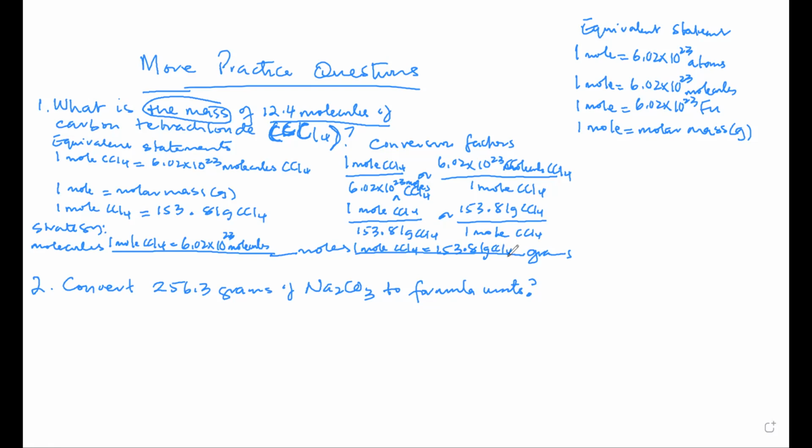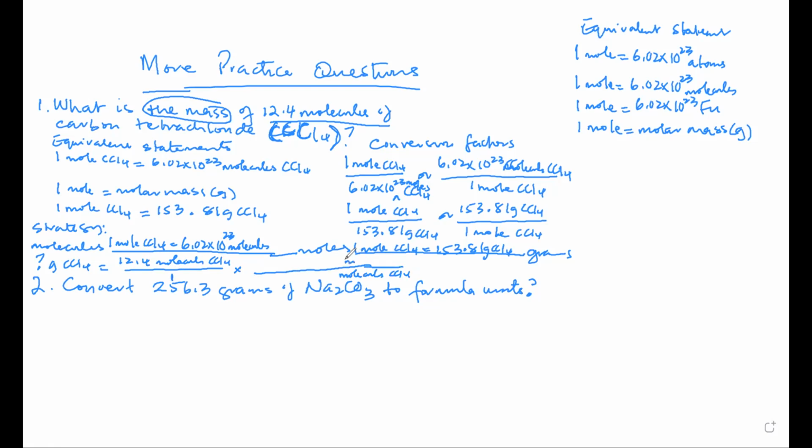So we solve for grams of carbon tetrachloride. Remember again, mole is a bridge. You can't go from molecules to grams, or grams to molecules, without passing through mole. That's the bridge. So now this is 12.4 molecules of carbon tetrachloride over 1 times, molecules here, carbon tetrachloride.